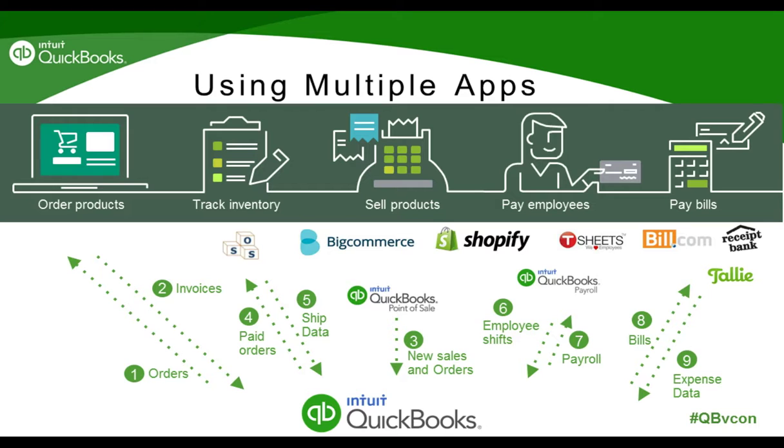And then you receive your payment in QBO. So another thing that you may use is something like QuickBooks Point of Sale, right? So maybe they are a brick and mortar. So you need to look at what the processes are, what the business needs are, in order to figure out what's the right app to actually use.